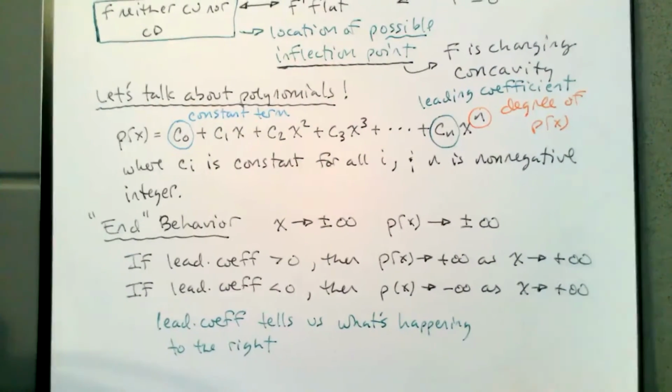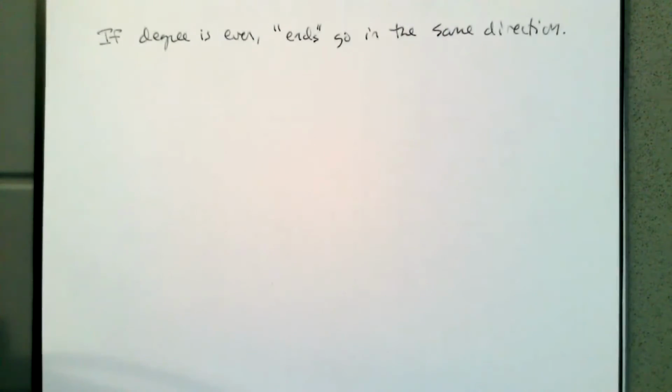So the leading coefficient is telling us what's happening on the right. To figure out what's happening on the left, we have to look at the degree, whether it's even or odd. If the degree is even, then the ends, they're not really ends, go in the same direction.